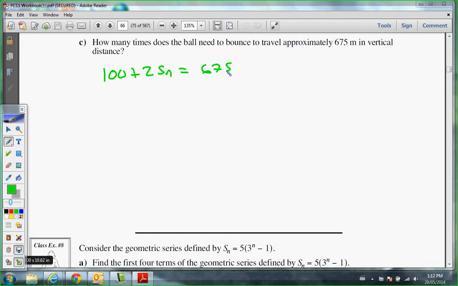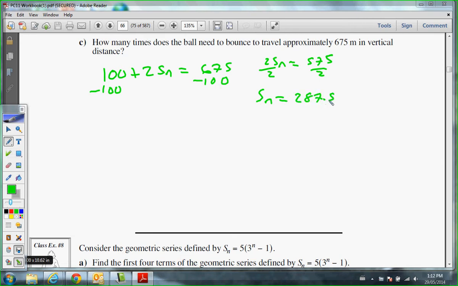We need to plug in what S of n's formula is, and the thing that's missing is the n, because that's the number of bounces. So I'm going to go ahead and minus the 100 now, which gives me 2 S of n equals 575. Divide by 2. So S of n equals 287.5.